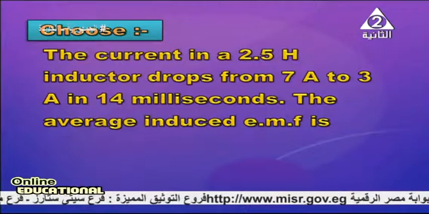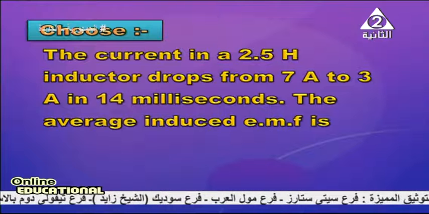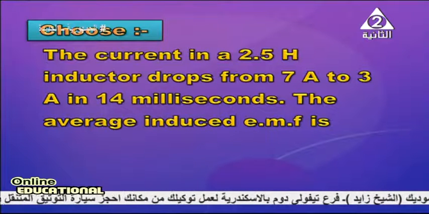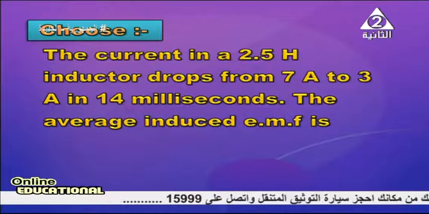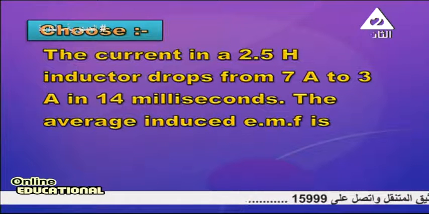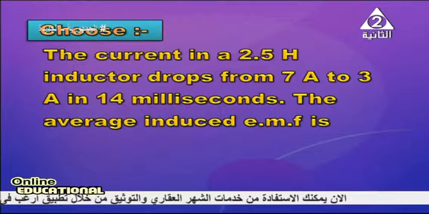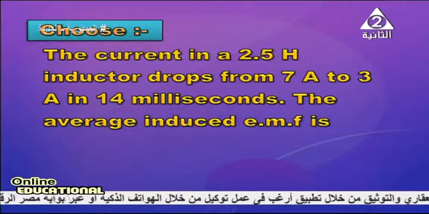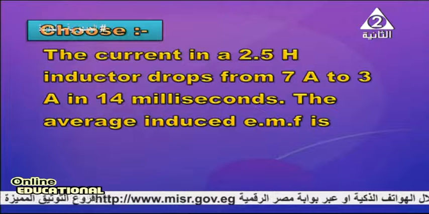And now we've got a question. The current in a 2.5 Henry inductor drops from 7 to 3 ampere in 14 milliseconds. So we've got inductance L, the current drops from 7 to 3, and this occurs in 14 milliseconds.